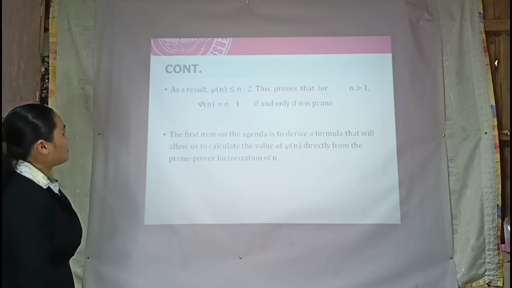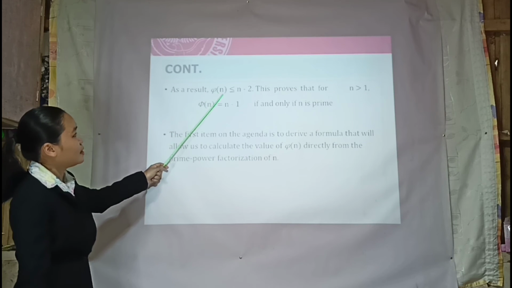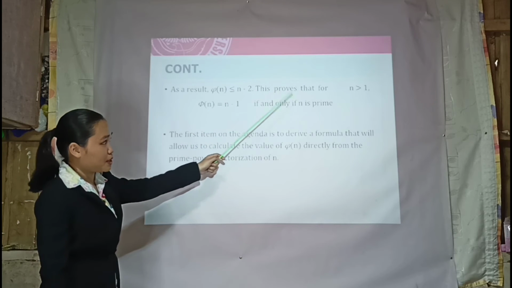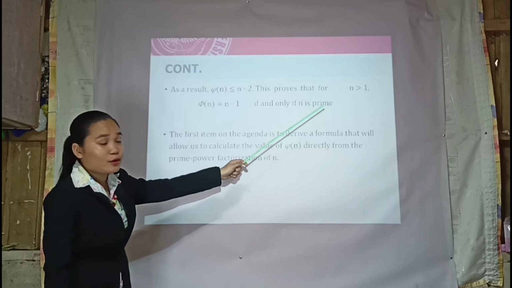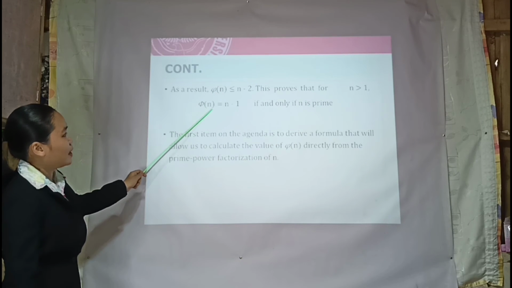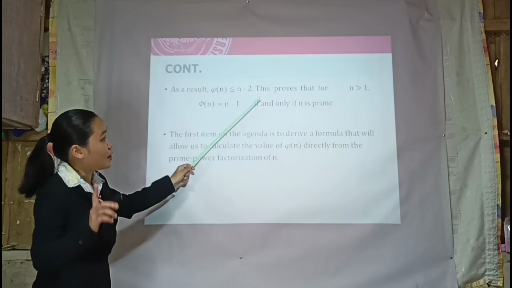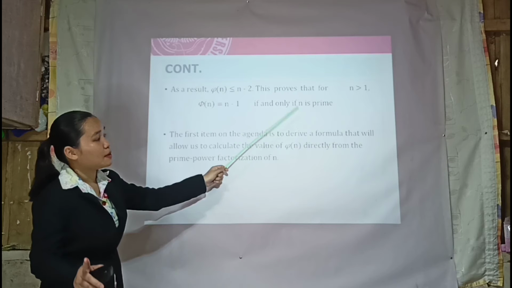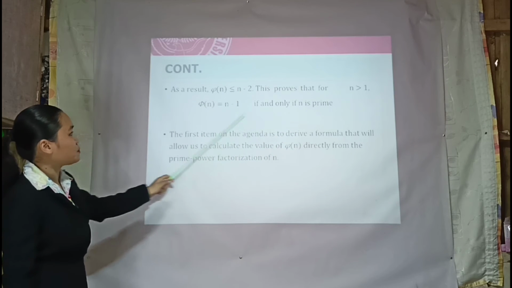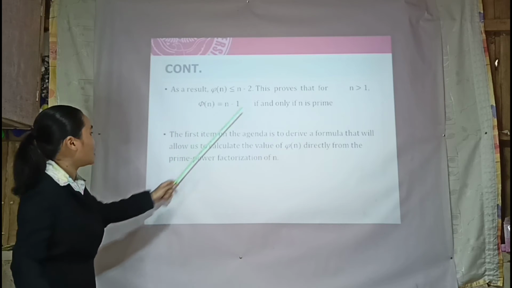So, as a result, phi of n is less than or equal to n minus 2. This proves that for n greater than 1, phi of n is equal to n minus 1 if and only if n is prime. So, take note: if and only if n is prime, we have phi of n equals n minus 1.